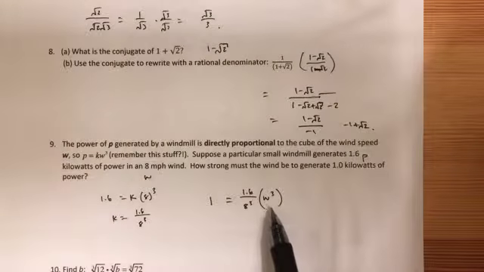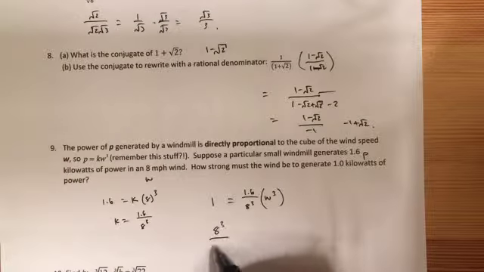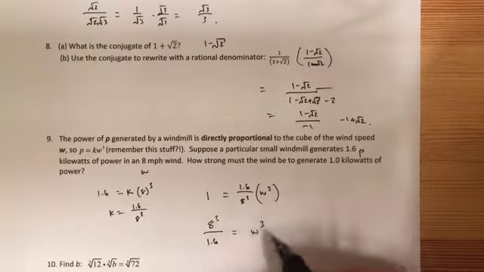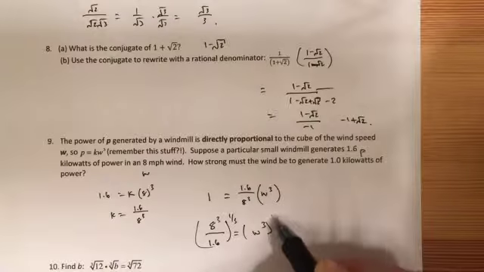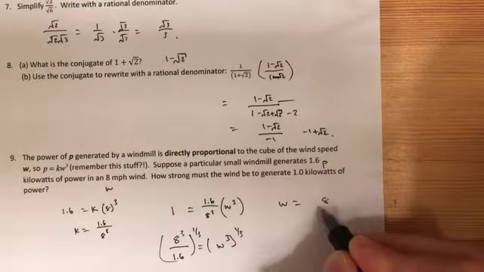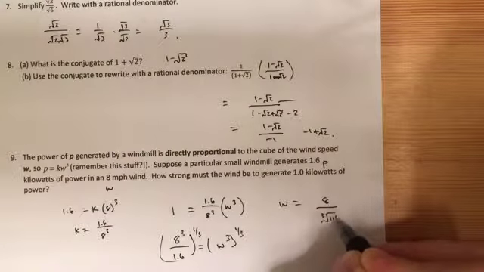Then I'd want to solve for W, so I'd multiply by the reciprocal, and I'd get 8 cubed divided by 1.6 equals W cubed. Then I'd raise both sides to the 1/3 power. And I would get W equals 8 divided by the cubed root of 1.6, whatever that is.